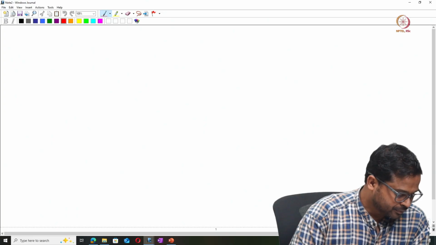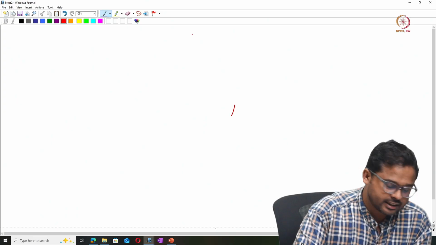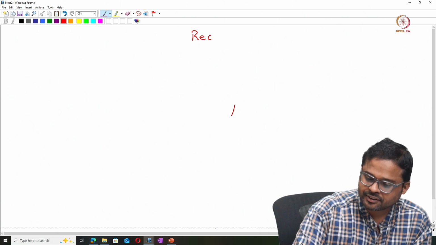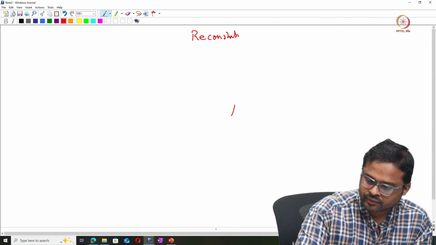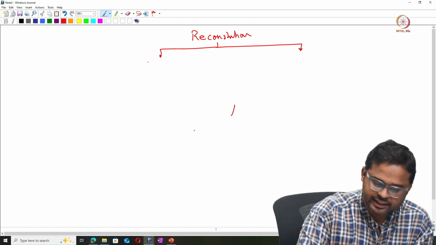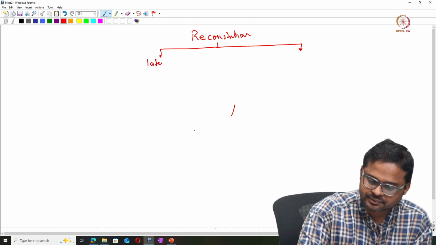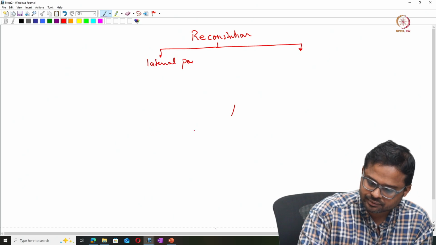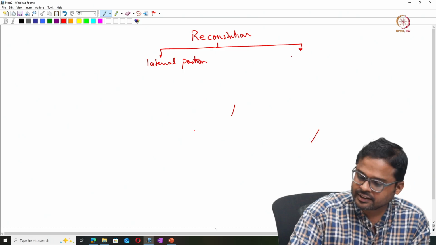Okay, so as in the last class I mentioned, the reconstruction has two important aspects. One is the lateral positions, another one is the depth coordinate.